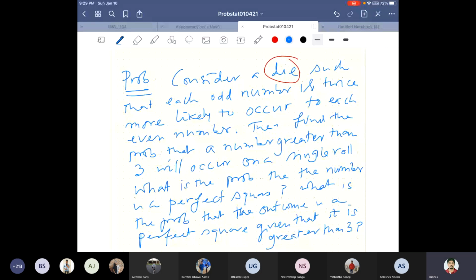And I don't know the probability of occurrence of 1 or 2 or 3, because the die is already biased. The probabilities are not equally likely.